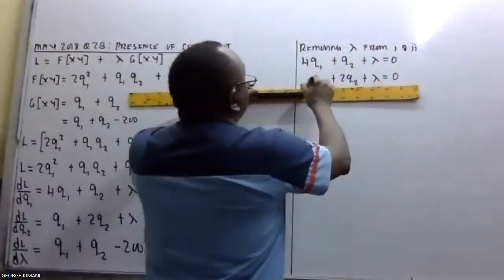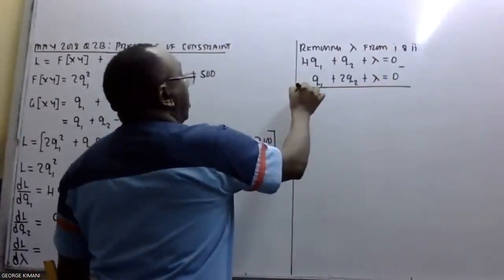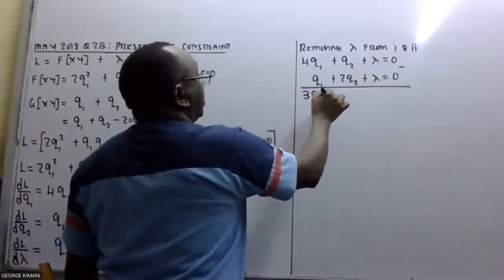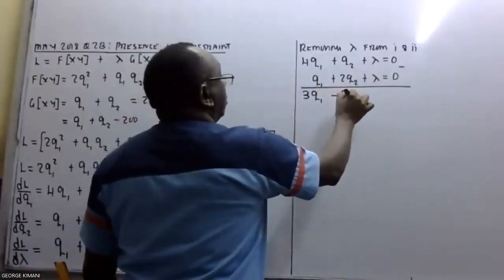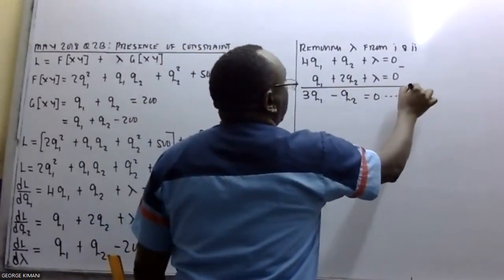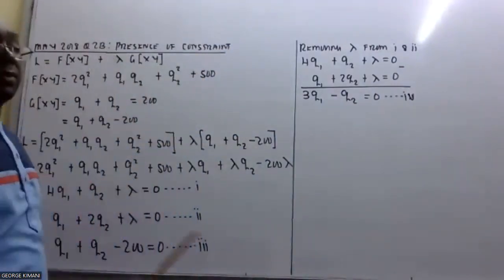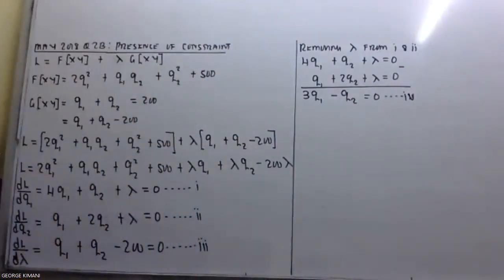Now this one, you subtract. So this remains as 3Q1 minus Q2 equals 0. And this one, you call it equation 4.